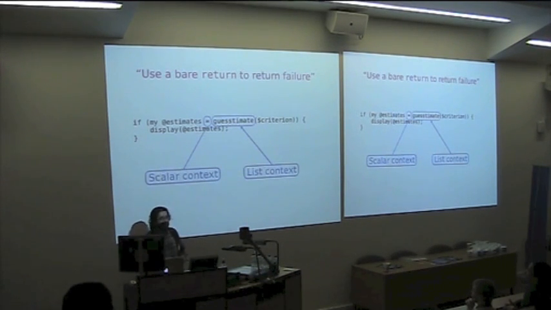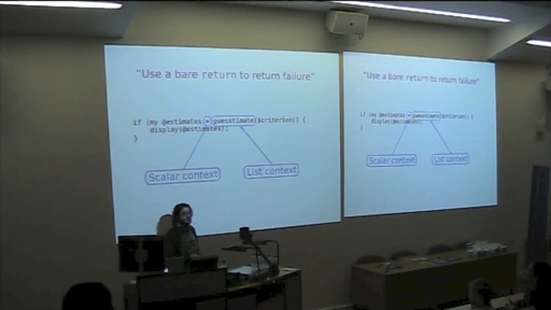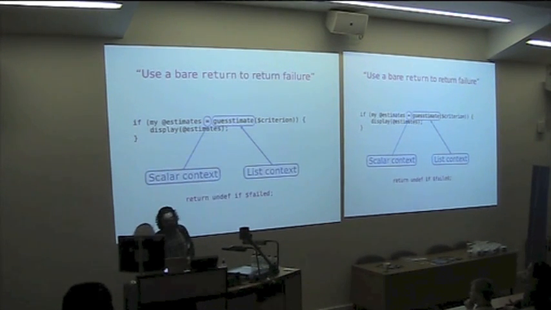If guesstimate found no invalid estimates, that works just perfectly. And it's also fine if it found no estimates at all. The right-hand side is empty, so the assignment returns 0, which is false as far as the if is concerned. But remember what guesstimate does if it finds invalid estimates. It just returns undef. But in list context, an undef is a single element list containing an undef. So the list assignment's scalar context return value is 1, and the if succeeds even though we don't have any valid estimates.